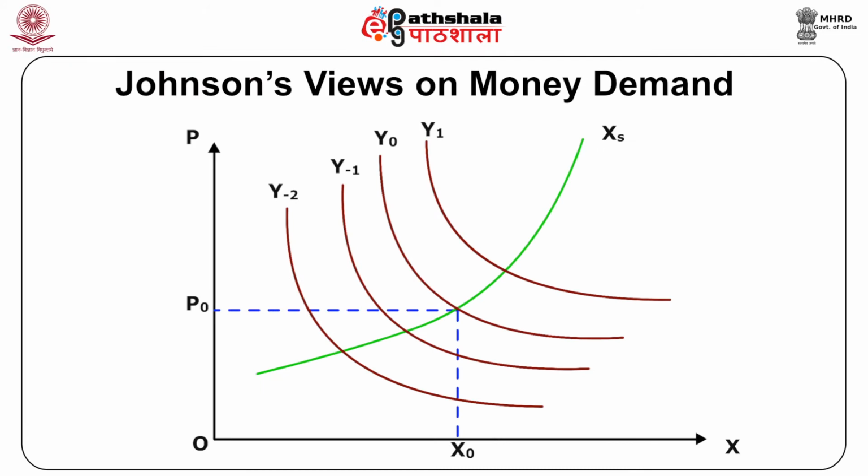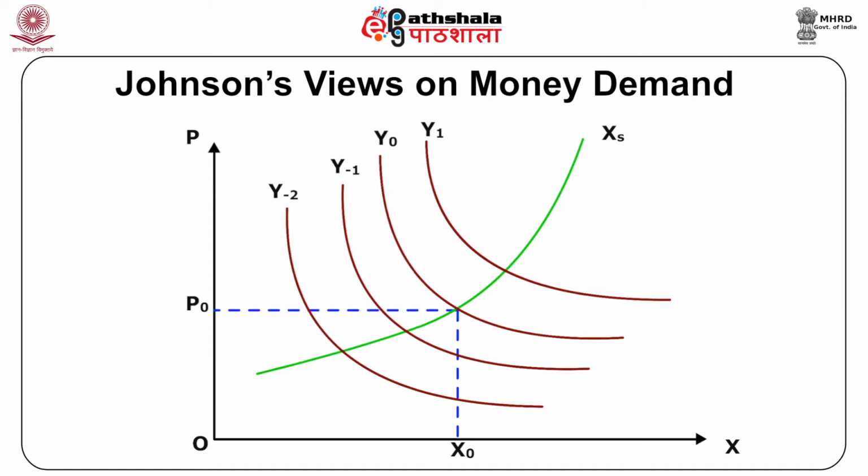The figure shows the supply curve of output XS, which is based on the assumption that diminishing returns operate on the variable factor, that is labor. This depicts the upward sloping nature of the supply curve. The curve YTS shows different combinations of real output and prices, giving a downward sloping curve.